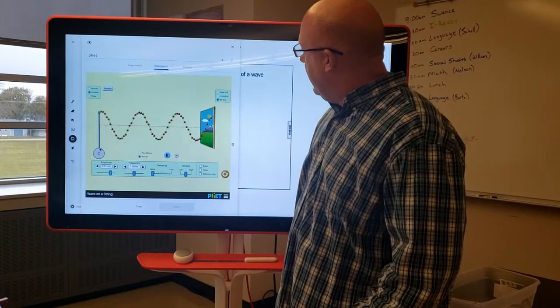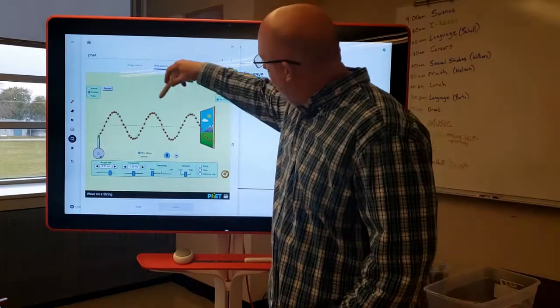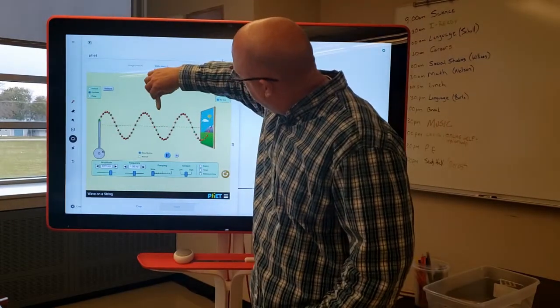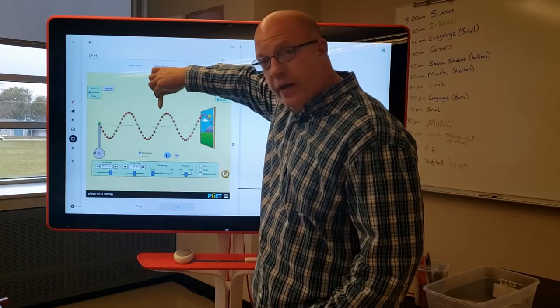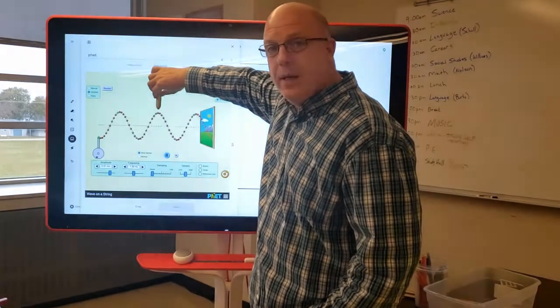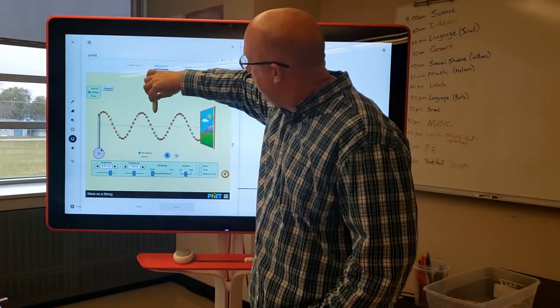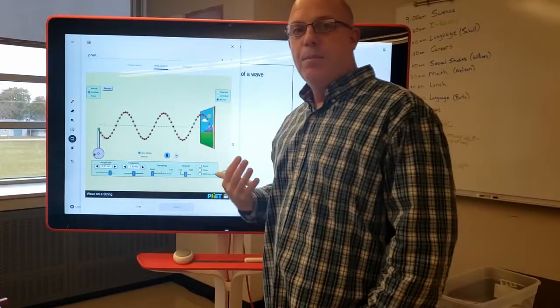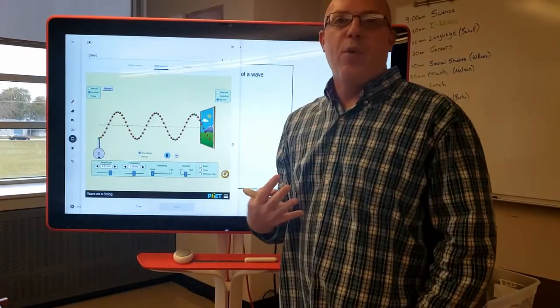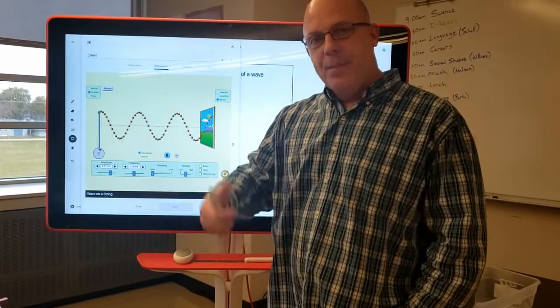And you can see what looks like it's moving, but let's go to slow-mo. Watch the bead here, the green bead. Is it actually moving? And the answer is no, it's not actually moving. It's staying in the exact same spot. It looks like it's moving because the wave gives that motion, which means if you throw a rock in the water, the water is not actually moving except up and down.